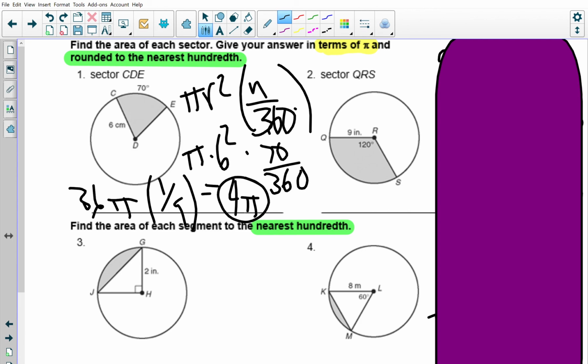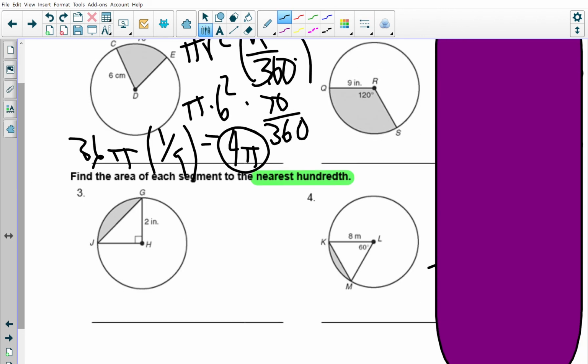And then rounded to the nearest hundredth, 4 times 3.14, whatever that is. 12.56, maybe? I don't know. Off the dome, people. Here we go.